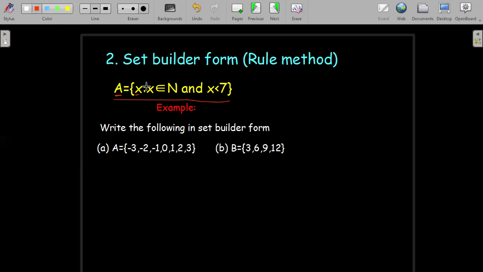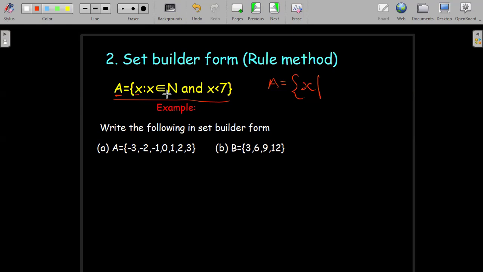Then these two dots here mean such that. In other books they'll just write a dash, so it will be braces, you have X and your dash. This also means such that. Then you're saying X is a member of the natural numbers.